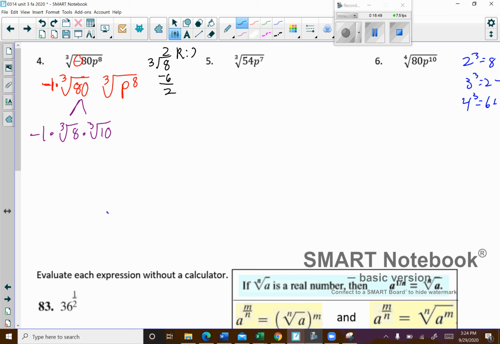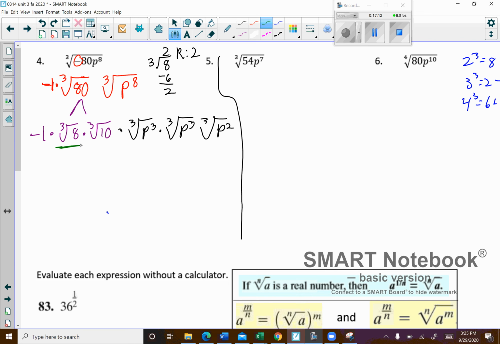So coincidence, they're both the same. But basically what's going on here is you could break this up into p to the power of 3, p to the power of 3, so that's 6 of them, and then there's 2 left, so p to the power of 2, okay?